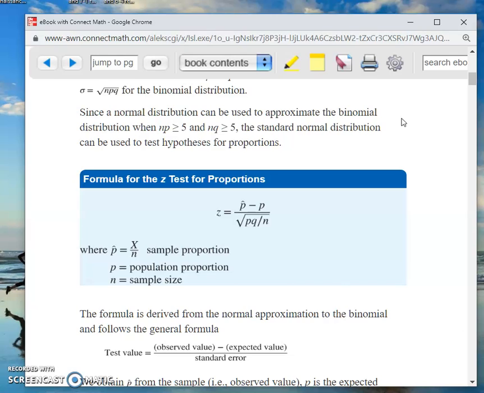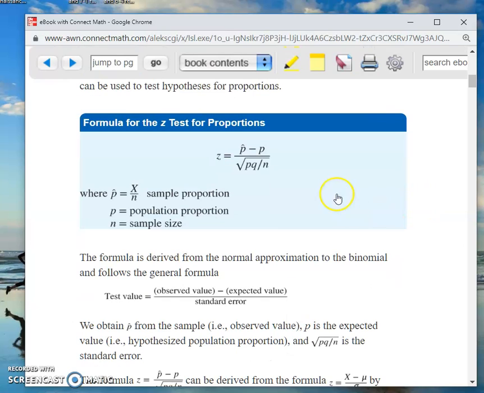This is the reason why we don't need a t-test. We're going to be using the z-test because the binomial distribution can be approximated by the standard normal distribution.